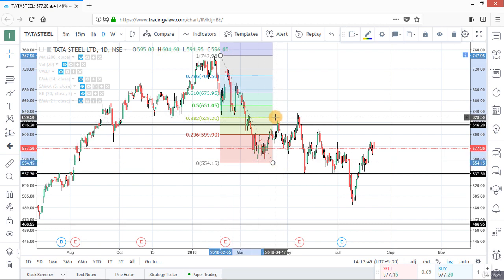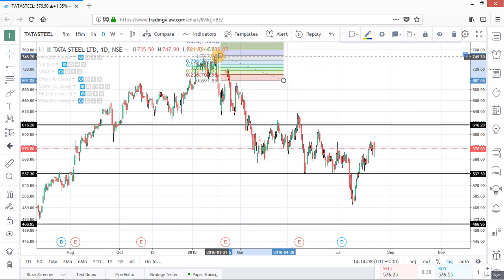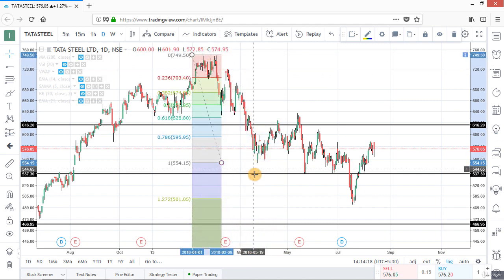After making a pullback rally or we can say retracement up to this 38.2% level, now stock is moving in downtrend. So to know the Fibonacci extensions levels, we will just reverse this tool. We will interchange the position of the pivots and these are the levels.